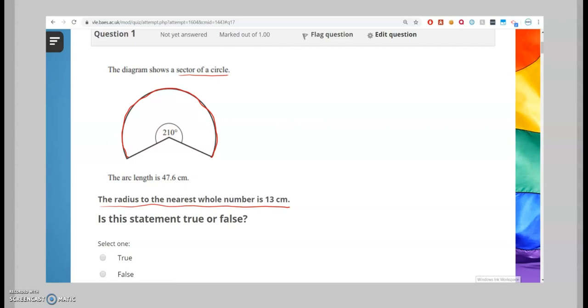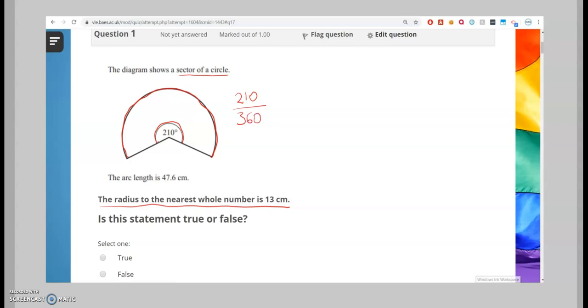So we'll start from the beginning. To work out the length of an arc, we would write the number of degrees of the angle, which is 210 in this case, and that is out of 360, which is the full circle.